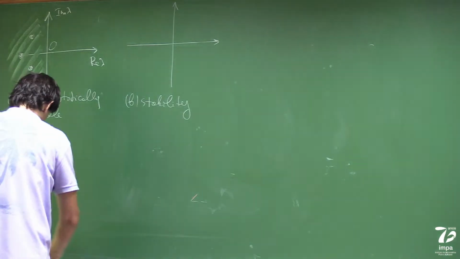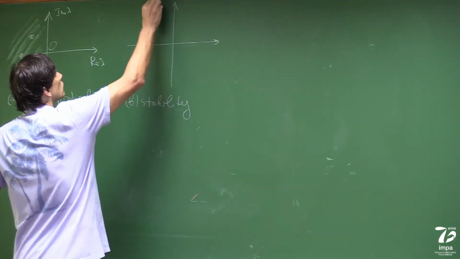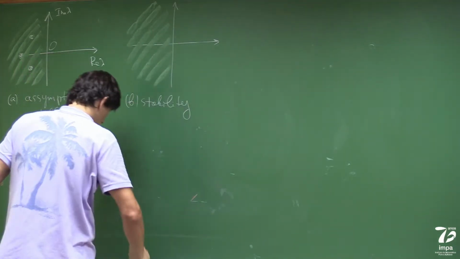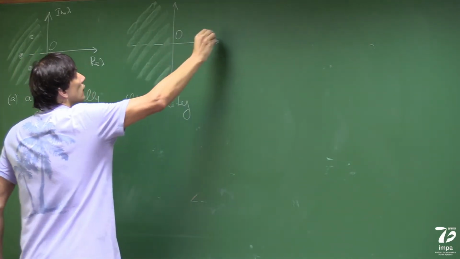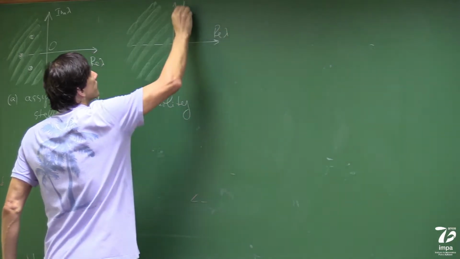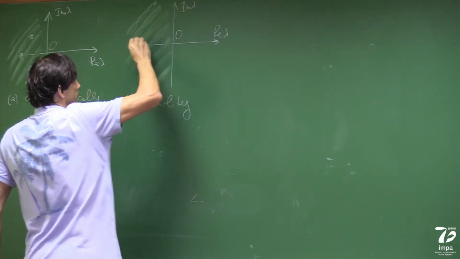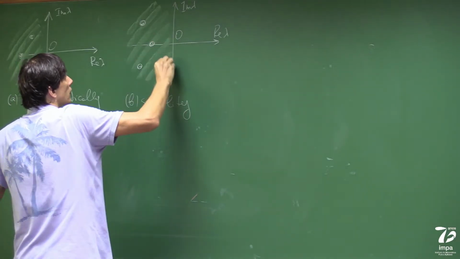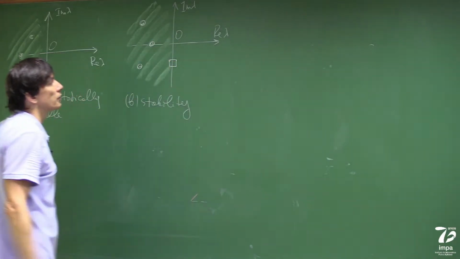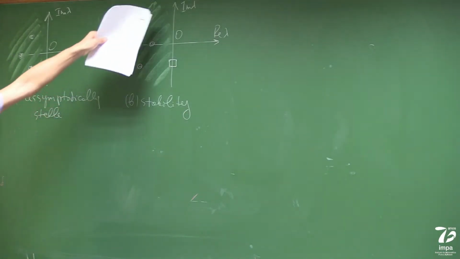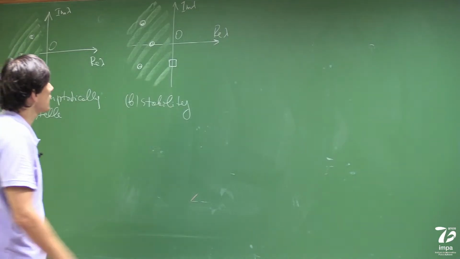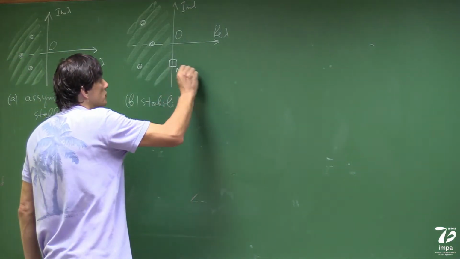So the condition is very similar. You also have the condition that everything should be on the left-hand side. But you, in principle, allow some eigenvalues to have zero real parts. So some of them can be on the imaginary axis, but they necessarily should be semi-simple.